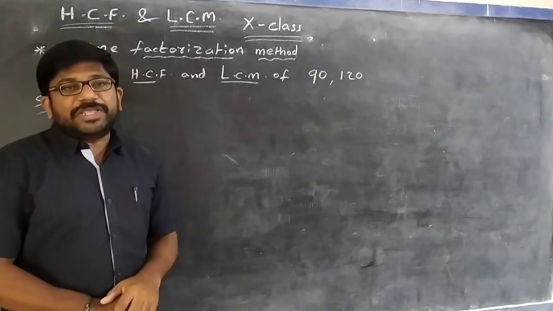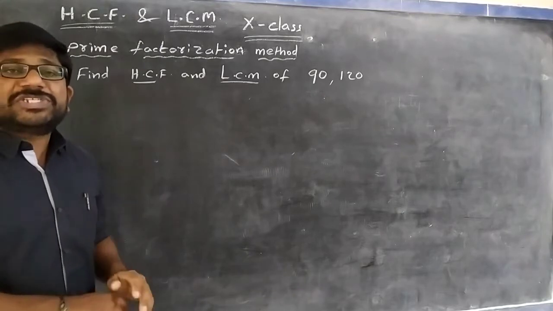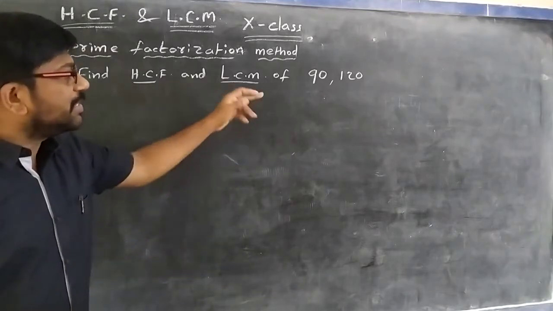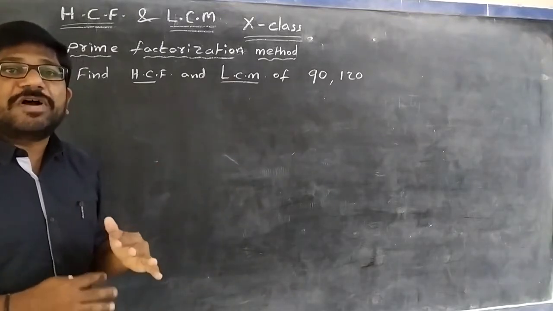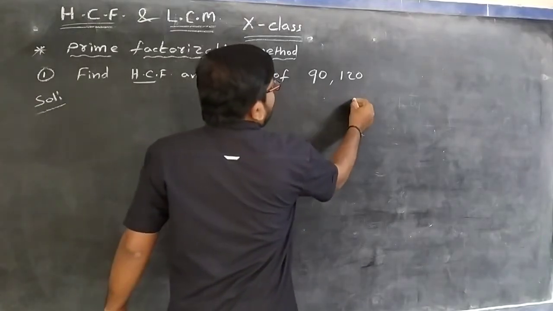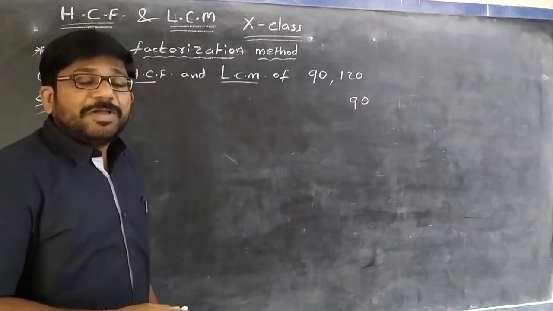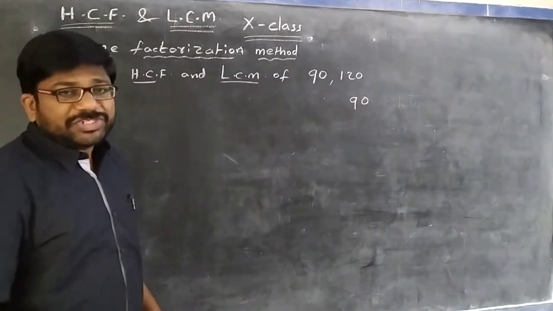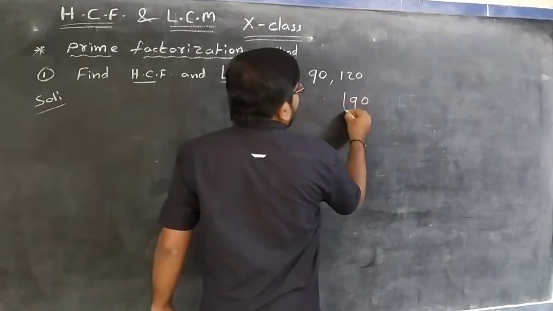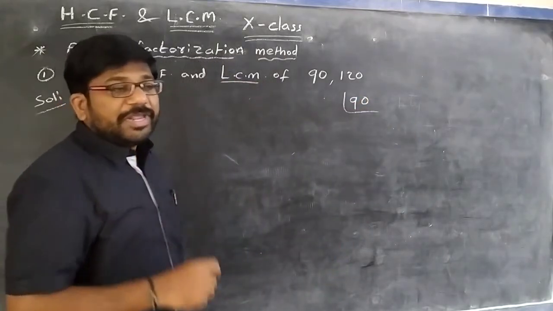Observe carefully. In the prime factorization method, first we have to write the given numbers as the product of primes. See, the first number, 90. 90 can be written as the product of prime numbers only. Divide with prime numbers only. The first prime number is 2.